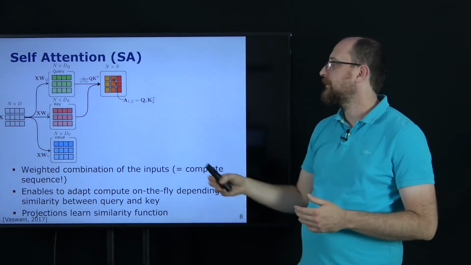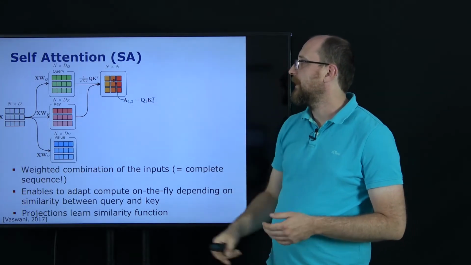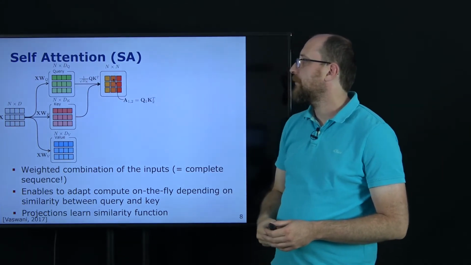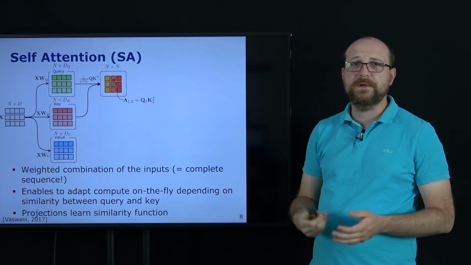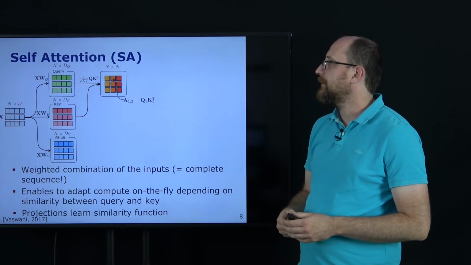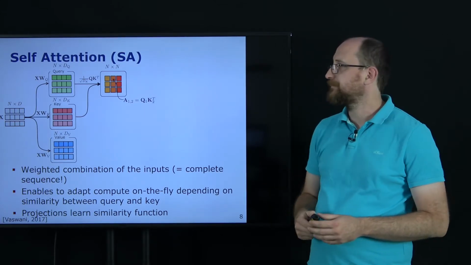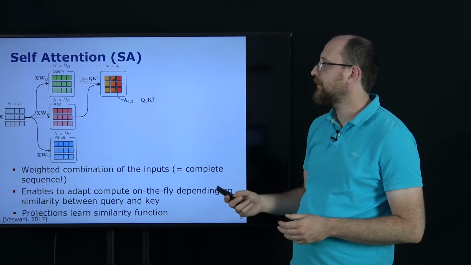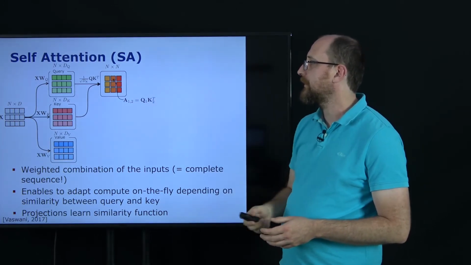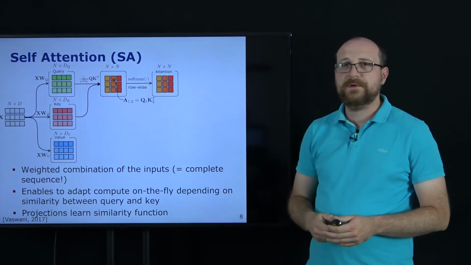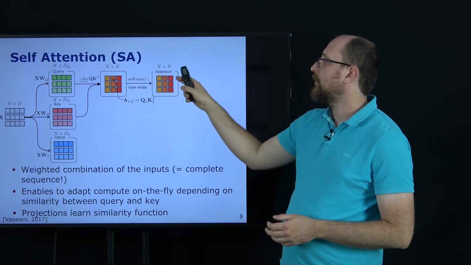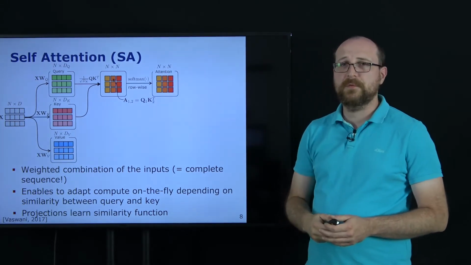This is then scaled by the square root of the dimension, so that it stays in a certain range. And when we have computed the similarity between the so-called query and key vectors, we then use a softmax operation, in this case a row-wise softmax, so that each row sums up to 1.